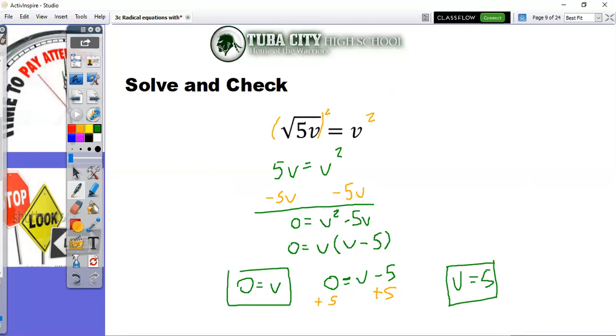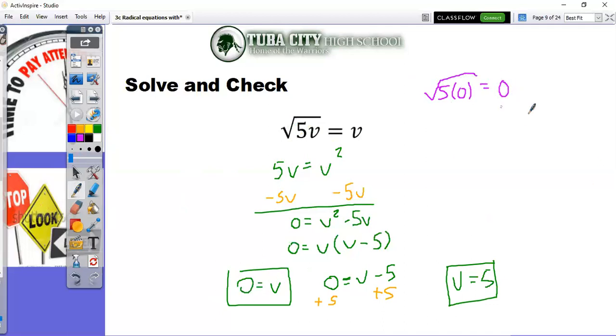Now in this case, I boxed them even though I haven't checked them yet, so that way we know that there are two possible solutions. Now with two solutions, we might have a couple of different outcomes. Let's see what happens. So I'm going to plug in 0 first. I have 5 times 0, take the square root of that, equals 0.